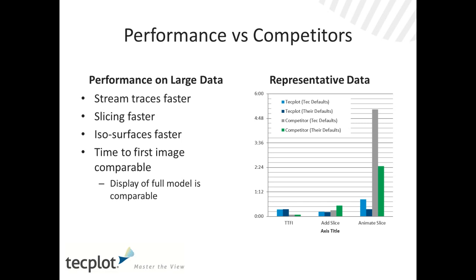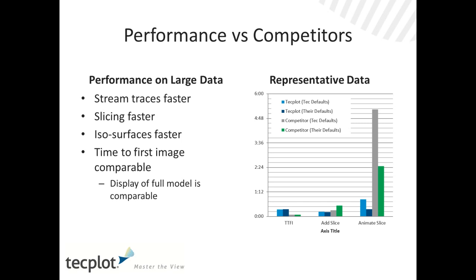That's not how Tecplot works. With Tecplot, you're getting the fluid data available to visualize right away, and so that's why we talk about the difference between Tecplot defaults and the defaults of this particular application we're comparing against.